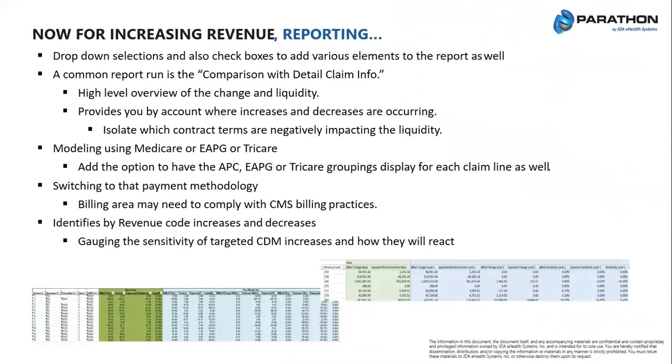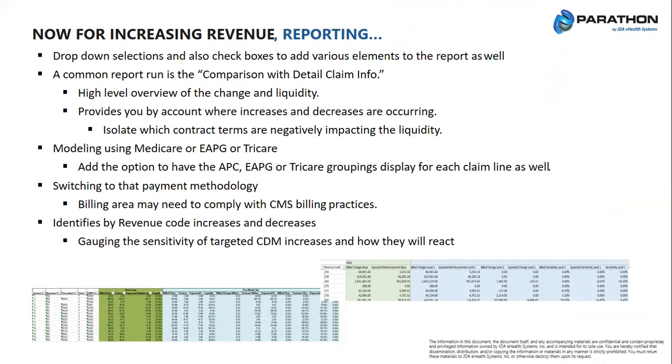And finally, now for increasing revenue. We have a number of reports dedicated to this exact mission of increasing revenue. A common report is a comparison with detailed claim info report, where you could look at a high-level overview of change and liquidity. It provides you, by account, where increases and decreases are occurring, and it isolates which contract terms are negatively impacting the liquidity.